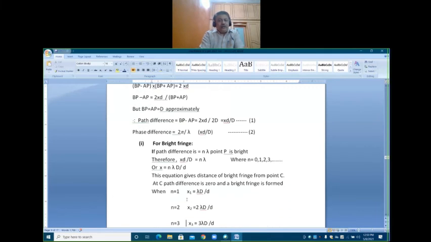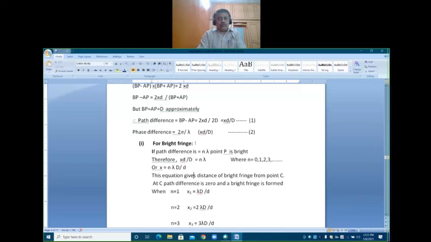Now once you find the path difference, whether point P corresponds to a bright or dark band, whether it is constructive or destructive, can be very easily understood by putting a condition.